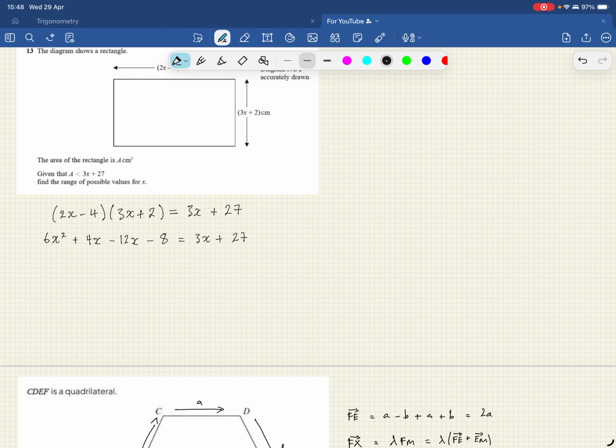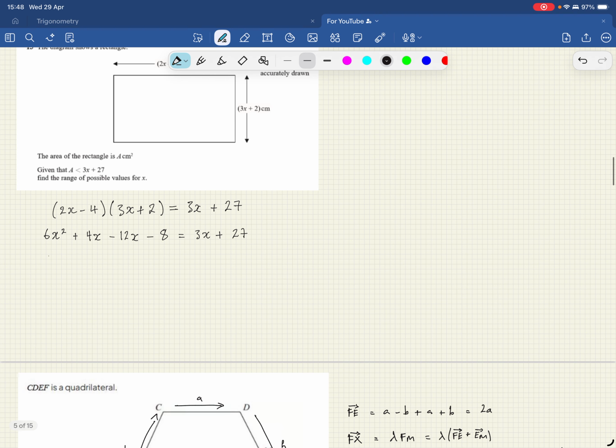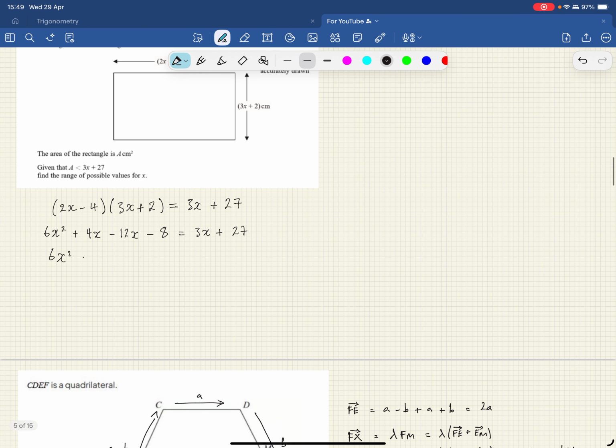And I'm going to gather everything on the left hand side and have a 0 on the right hand side. So I've still got 6x squared here. I'm going to end up with minus 8x because I've got 4x minus 12x, but then I'm going to take away another 3x, so I'm going to end up with minus 11x. And then I've got minus 8, but I want to take away 27 as well, so I've got minus 35 on this side, and I've got that equal to 0.